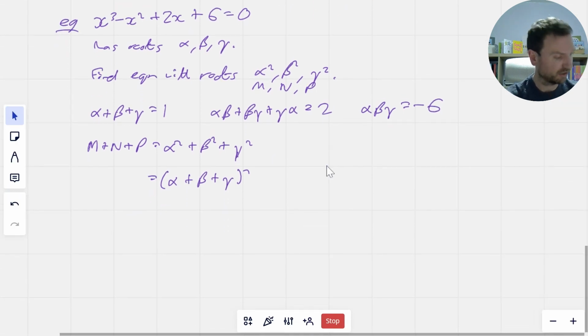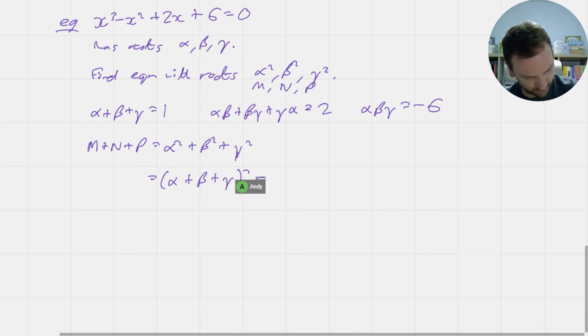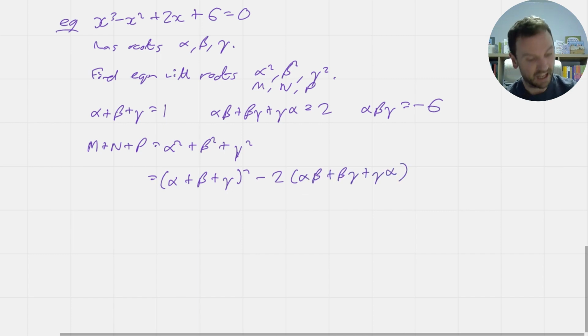You'll see that you get your alpha squared, beta squared, gamma squared, but you're going to end up with extra stuff you don't want: an extra 2 lots of alpha beta plus beta gamma plus gamma alpha. At this point, you can sub in everything you know. I'm not going to go through all the subbing in here, but you'll end up with -3, and that will tell you negative b over a.